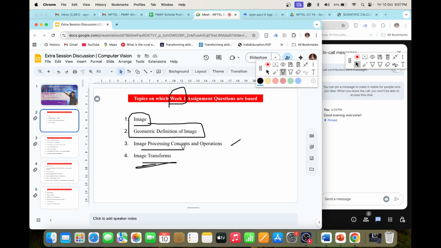Then other concepts like noise filtering should also be known. And at last there is image transform, the Fourier transform, which is again very important from a numerical as well as a theoretical point of view. Okay, so this is the week 1 summary.